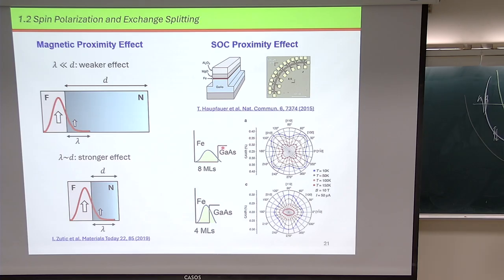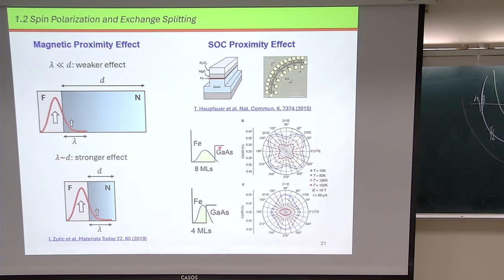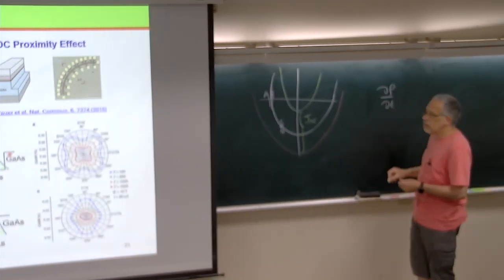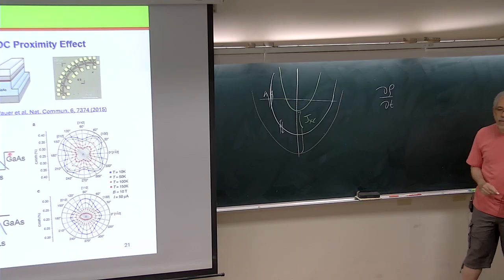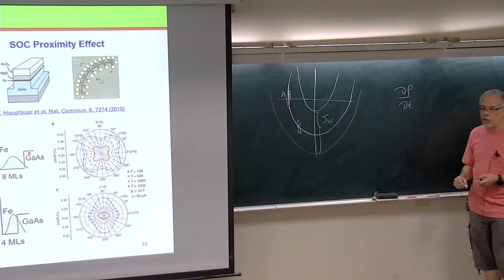So what is the continuity equation for the charge? If I have a charge density, and I calculate the rate at which this charge density changes, it should be equal to what?